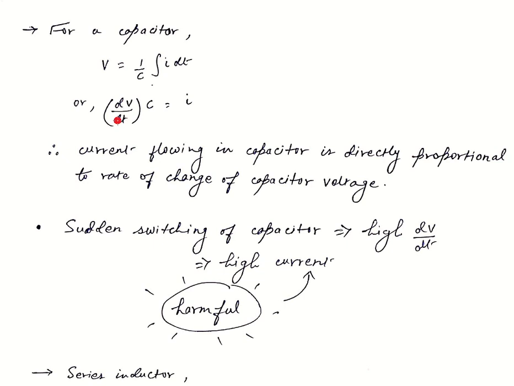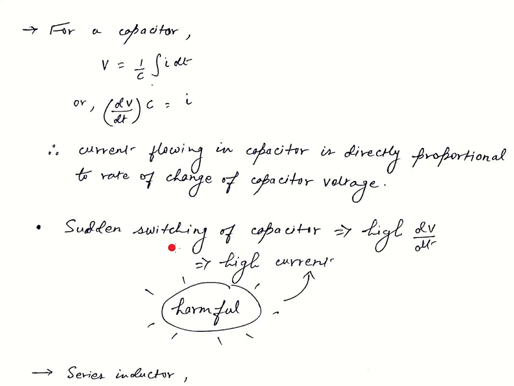Within seconds, its voltage will be high. So dV by dt will be high, and because of this, the capacitor current will be high. This is known as high inrush of current due to capacitor switching, and this is undesirable for any power system.